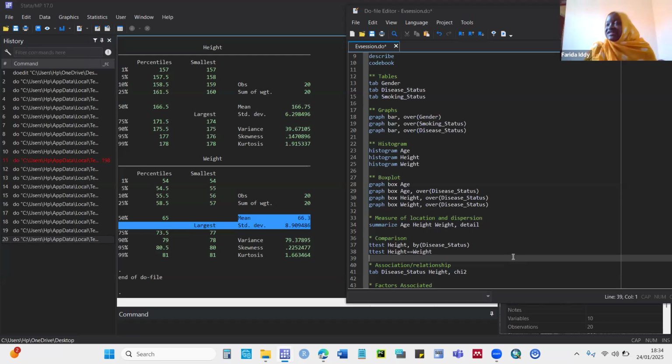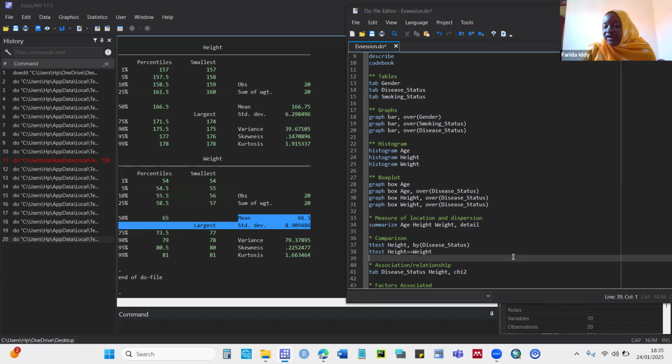Or sometimes you want to find if there is any association or relationship between two variables. So for comparison, you have the t-test.